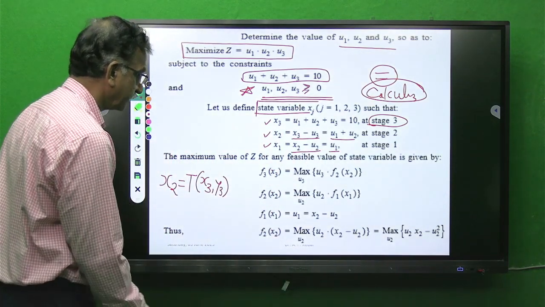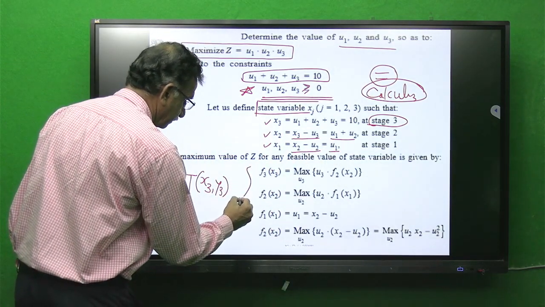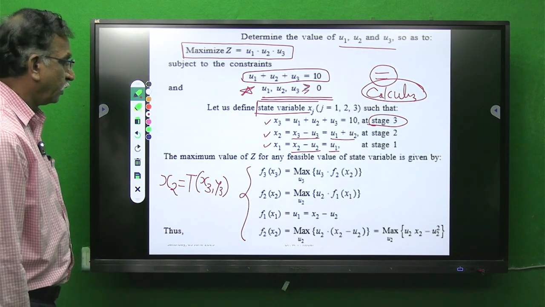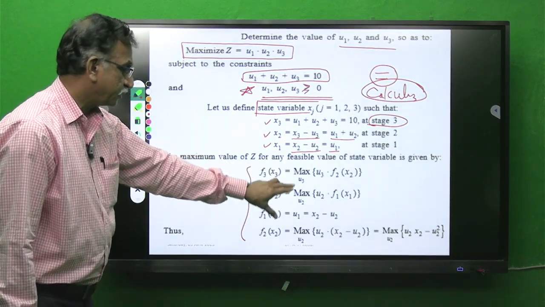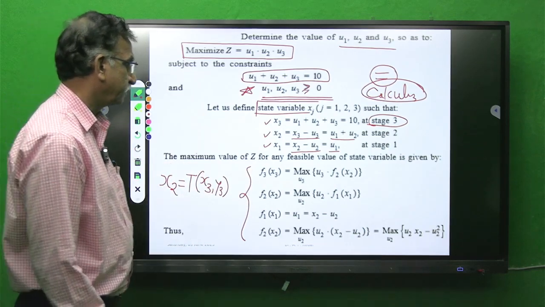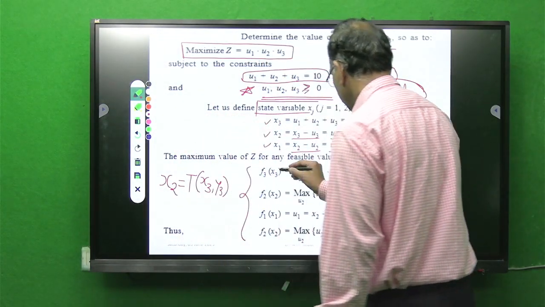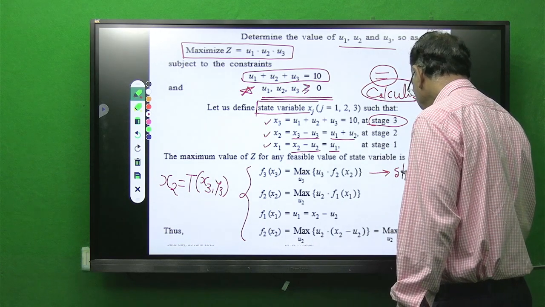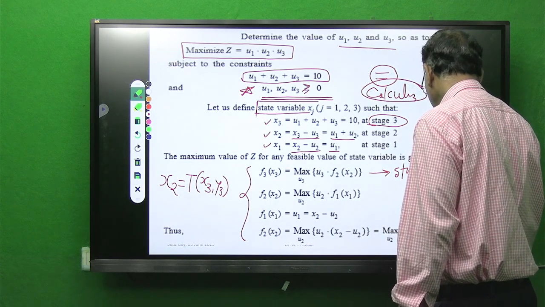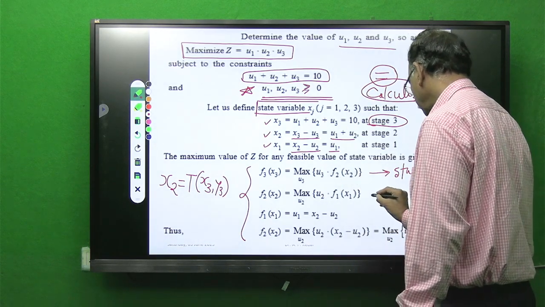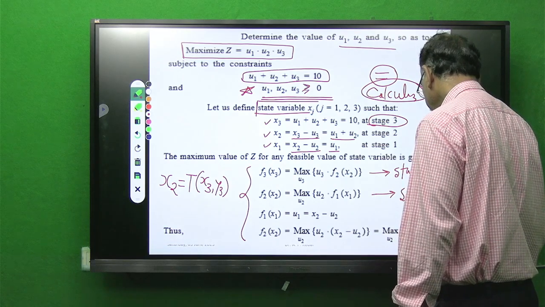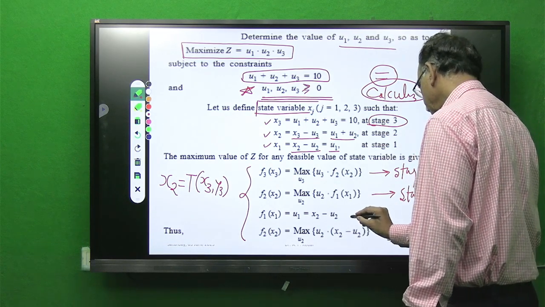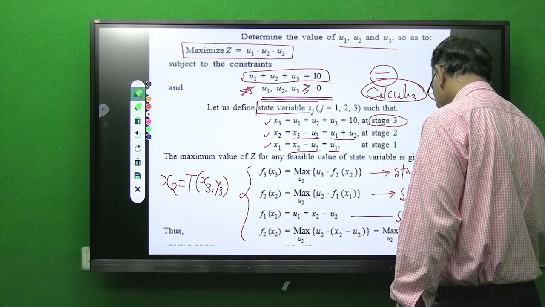Now very important, these are the values of optimization for each stage. This is f3 of x3 for stage 3, this is for stage 2, and this is for stage 1.